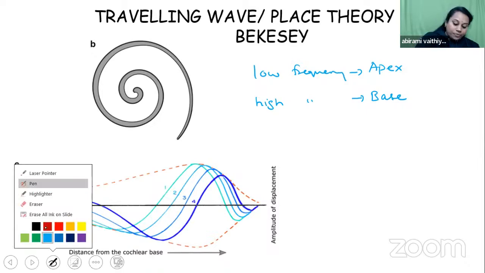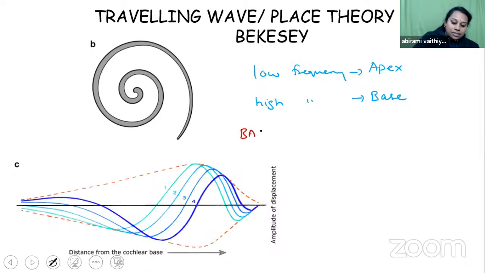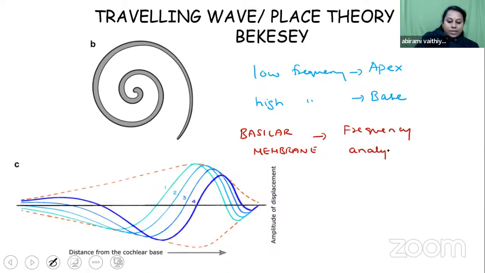And that is how the basilar membrane is called a frequency analyzer. So hope you are clear with the mechanism of hearing.